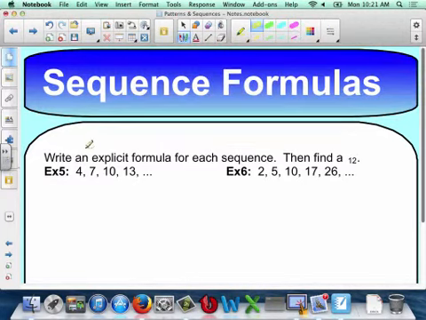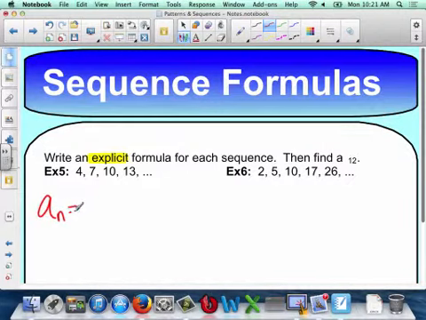Okay, so again, guys, that's allowing us to jump now with an explicit formula. We're still going to be writing it with an A sub n. Now since we're adding 3 each time, since you're going by the same value, what does that become? What do we call that? Remember we saw that earlier. It becomes the coefficient. So we get 3n.